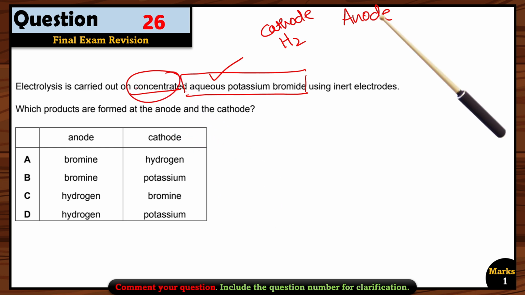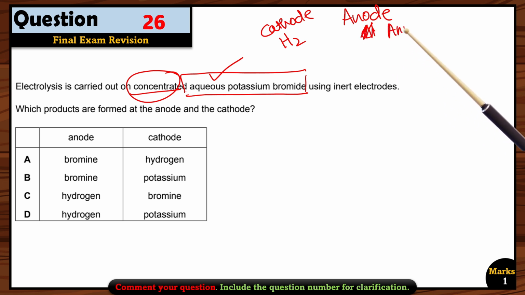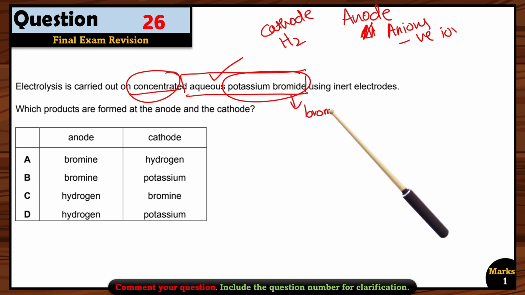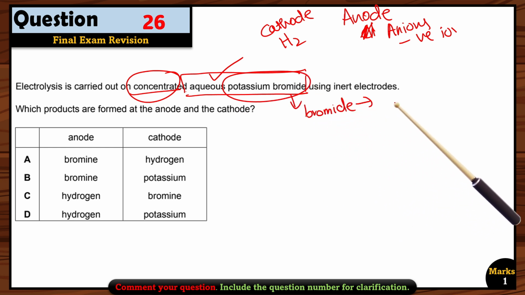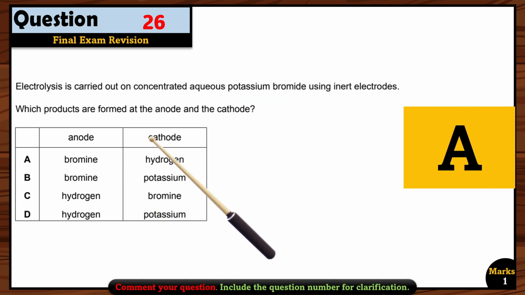So concentrated at anode you will get your own anions, or you can say the negative ions. So which are the negative ions in this one? Potassium bromide, of course, the bromide ions. So they will change into bromine gas. So cathode, hydrogen, yes. And at anode, you are going to get bromine. So this option A is the right option.